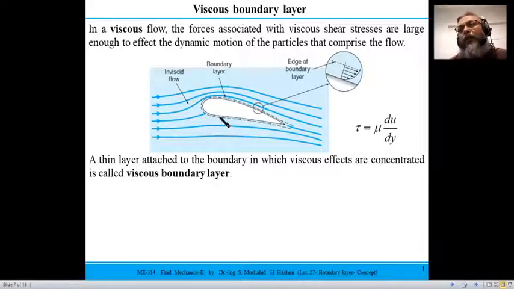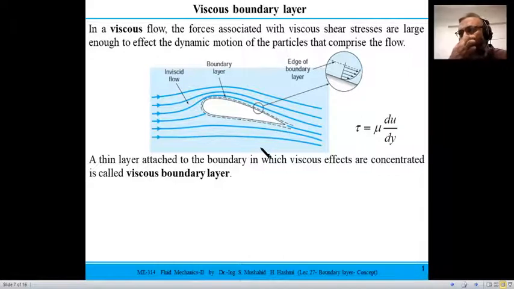This concept is more generic, and we will see later that this idea works not just for the velocity field, but for the temperature field as well as for concentration fields. But right now we are only talking about the fluid flow behavior.